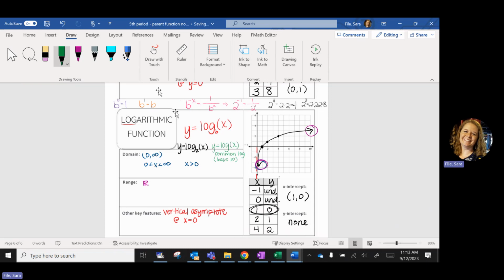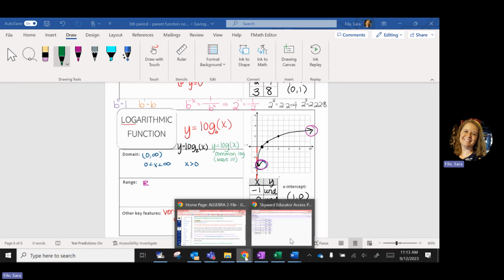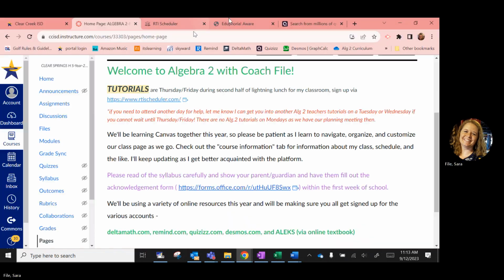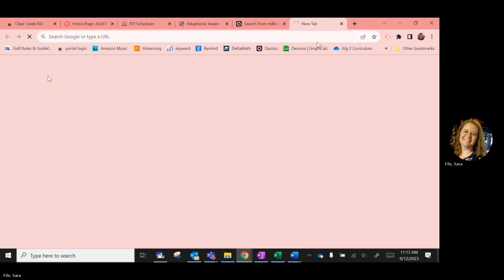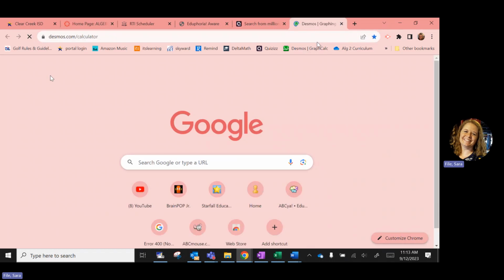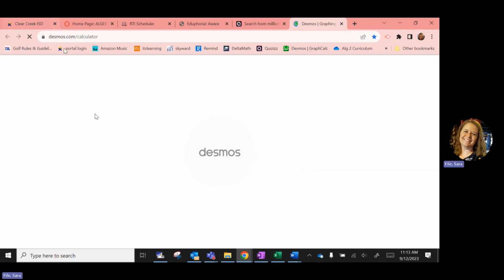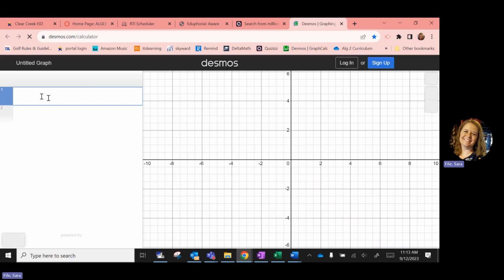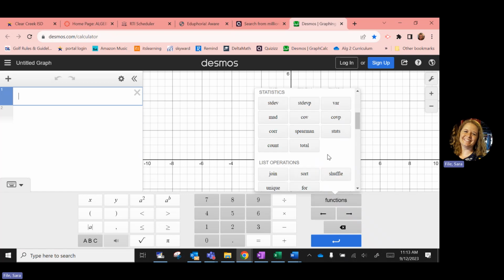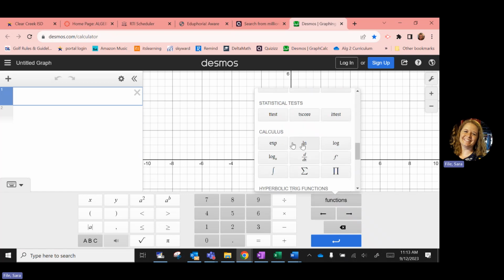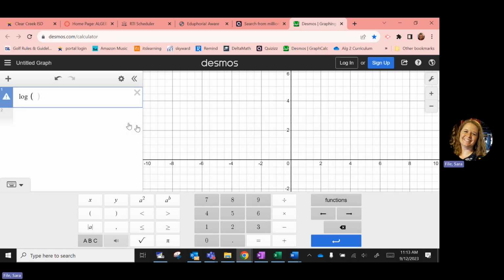Okay, and I'm going to show this to you in Desmos. Let me give you a good visual so you can see how it changes. If I want a log with a base value of 2, like the one that I originally graphed for you, I would need to go to functions and scroll down to calculus here, and I can see log, and I can see log with a subscript. So I would click the one with the subscript, and I would put my base 2 there.